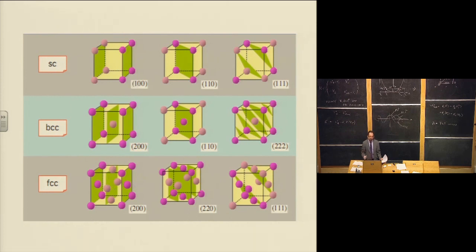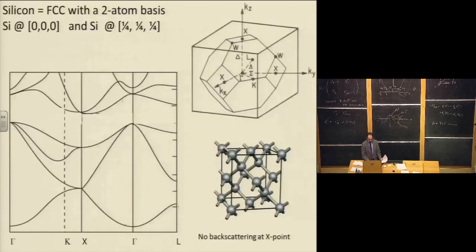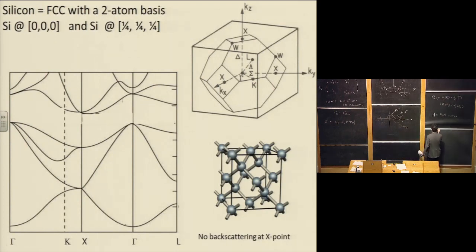Therefore, it is not a reciprocal lattice vector for the FCC lattice. 200 is the smallest reciprocal lattice vector in that direction. So here, scattering from X to minus X, I'll even write that down. X to minus X scattering is 200 for silicon. Well, actually, for any FCC lattice, X to minus X is 200. OK, so we've gotten that far.